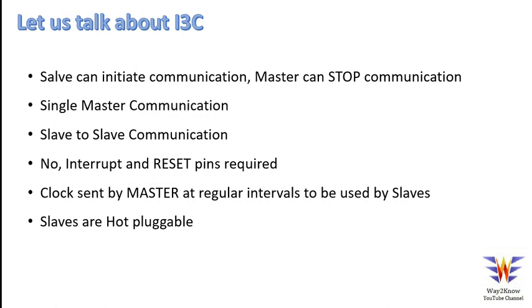Now here the master can stop the communication. So we have to go through the protocol to see how this is happening. In I2C it is a multi-master multi-slave communication, whereas I3C is a single master communication. And slave to slave communication is also possible in I3C.